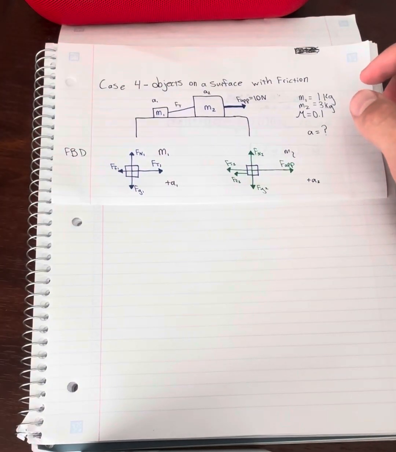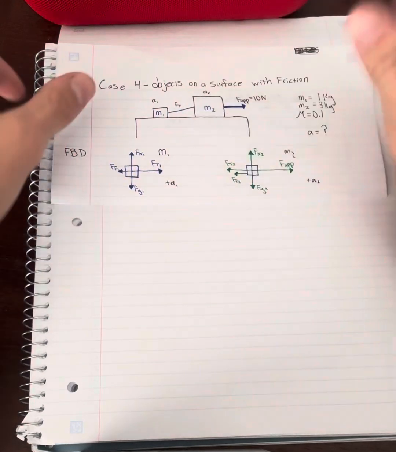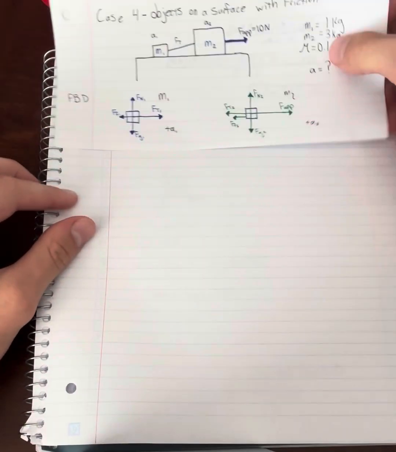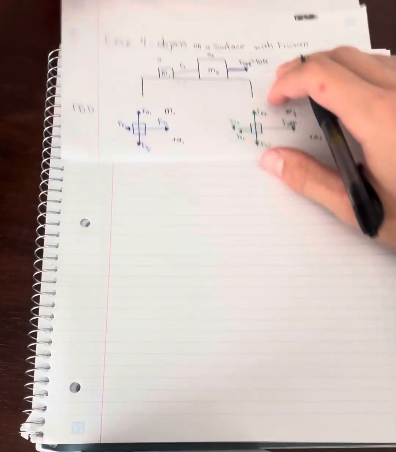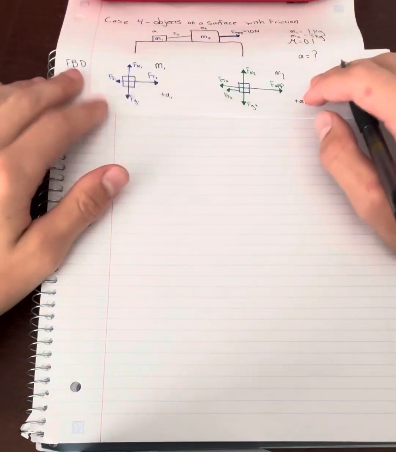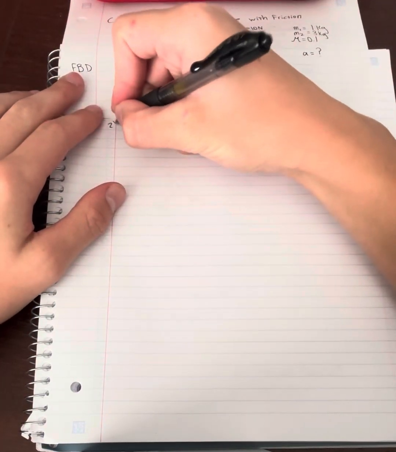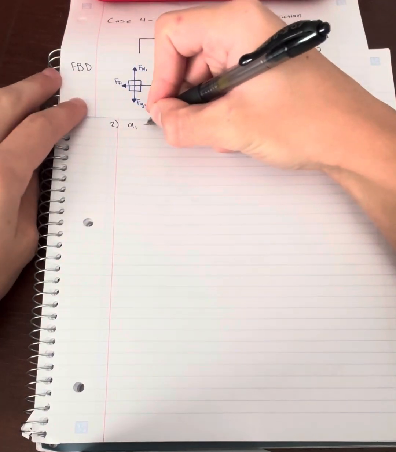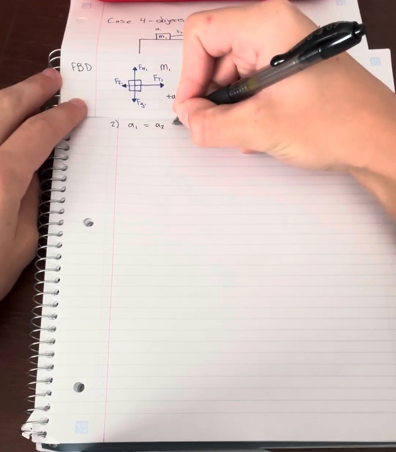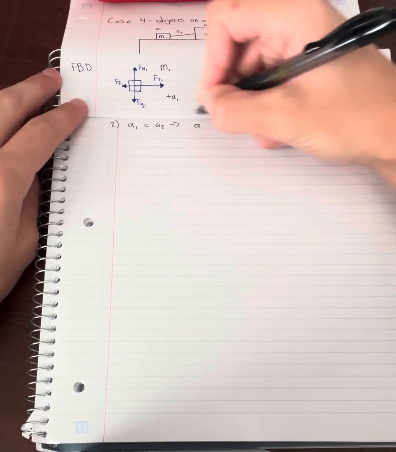For step 2, we've got to analyze what's common, what's equal. Acceleration 1 is equal to acceleration 2, so we'll call that acceleration.